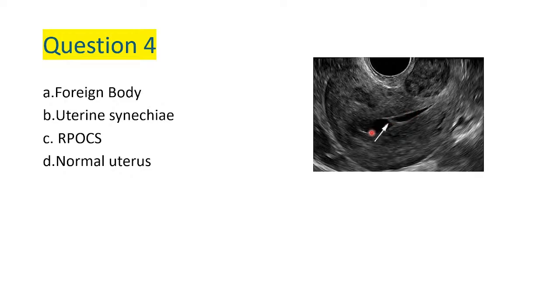Then you can see the fluid there, and these adhesions can form due to inflammation of the uterus. These are what are called Asherman syndrome or uterine synechia. The adhesions which occur as a sequel to endometritis or chronic inflammation of the endometrial cavity are what we call uterine synechia.